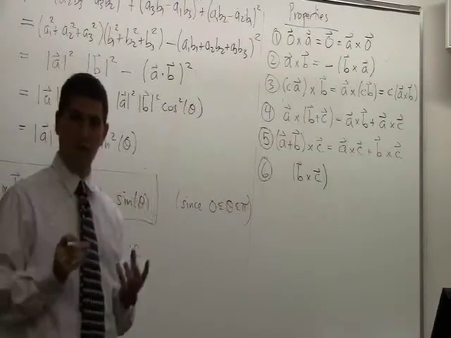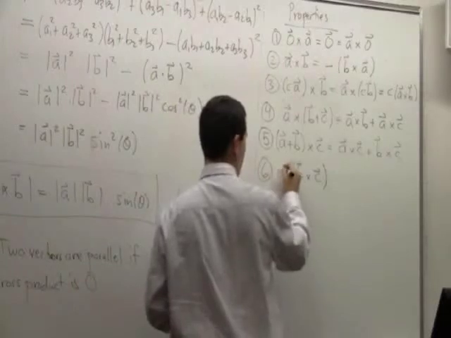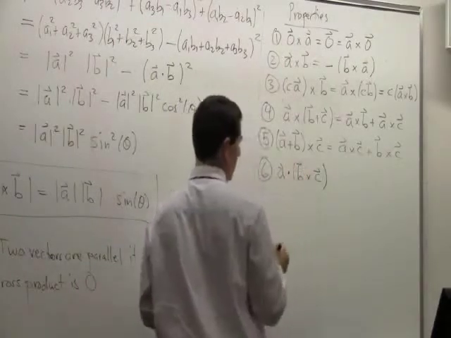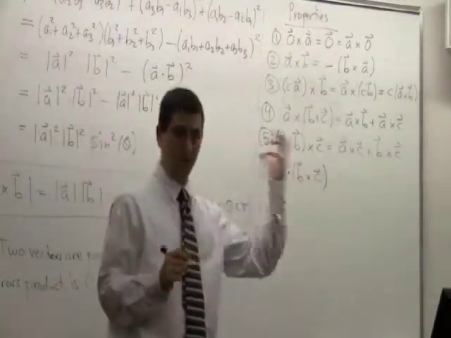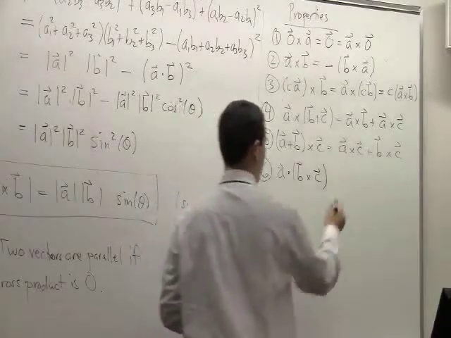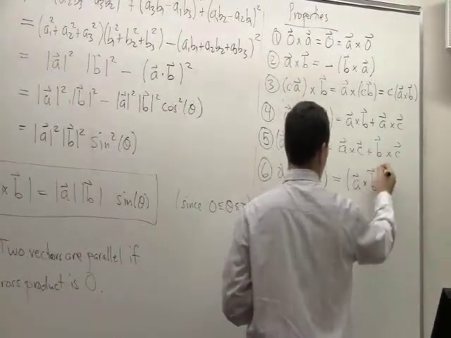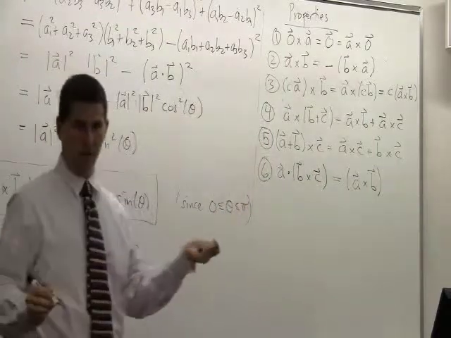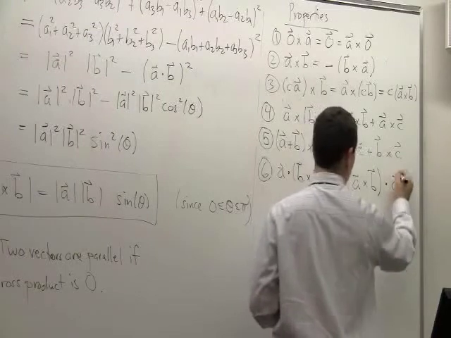So that gives you a new vector. Now take A and do the dot product. So this is a vector with a vector. It gives you a number. And this turns out to be the same thing as if you first took the cross product of A and B and then did the dot product with C.